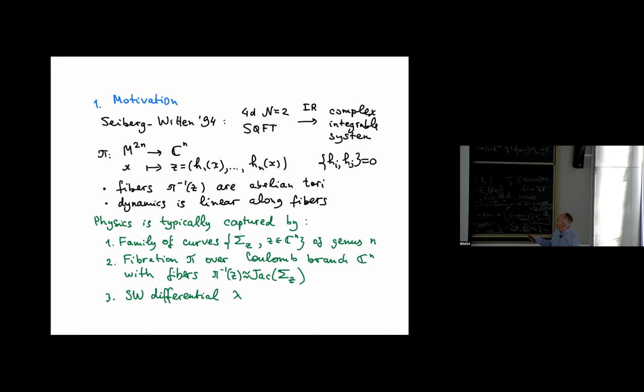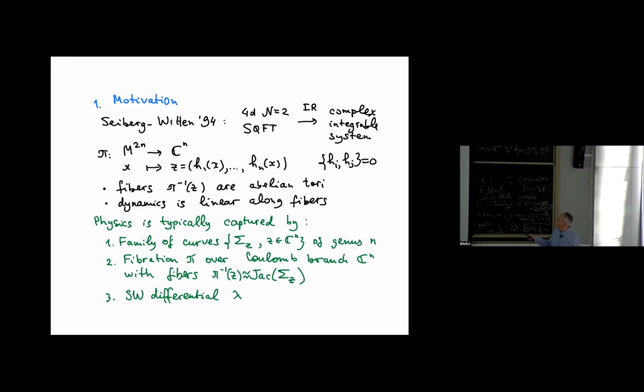And so let me first tell you a little bit about what a complex integrable system is. Unlike the usual real integrable system, this is a system on a complex manifold. The Hamiltonians are complex valued functions, and you're supposed to have n of them, and you have a holomorphic Poisson structure.